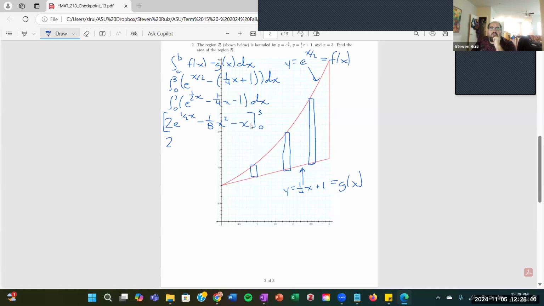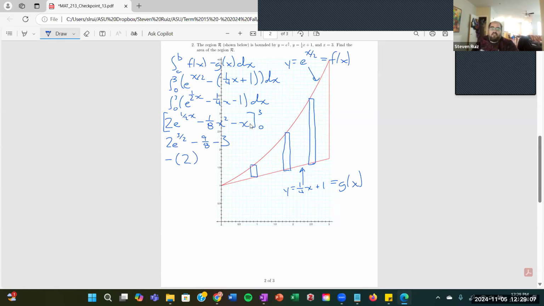This becomes 2e to the 3/2 minus 1/8 times 9, so minus 9/8, minus 3, minus what happens when I plug in 0 for all these. 2e to the 0 is just 2 times 1, so that's 2. And then those other terms are just going to be 0.